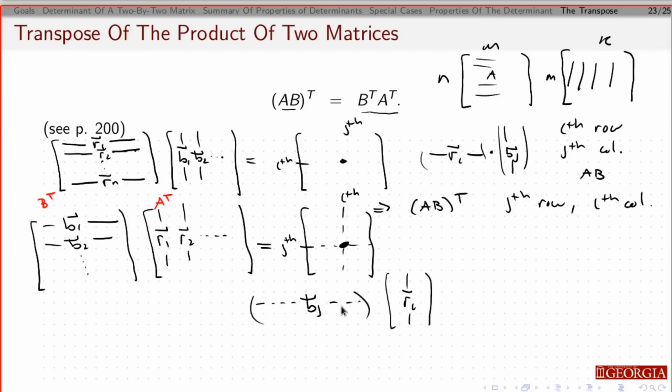And if I do the product going across there and down there, notice that's exactly the same thing here. Right? I'm just switching the order. And this is the same. So we get that if I take A times B and I transpose it, that's the same thing as taking B transpose times A transpose.